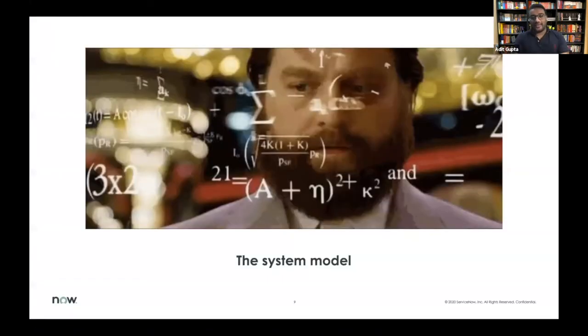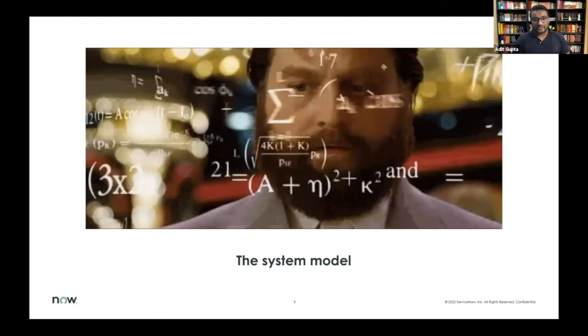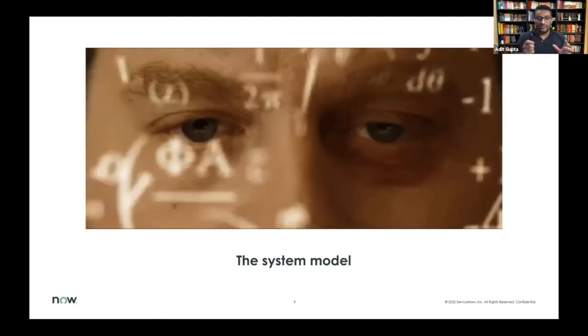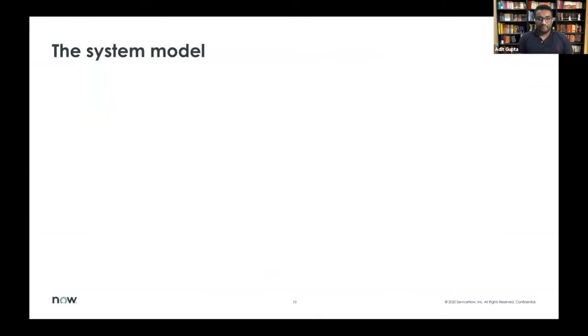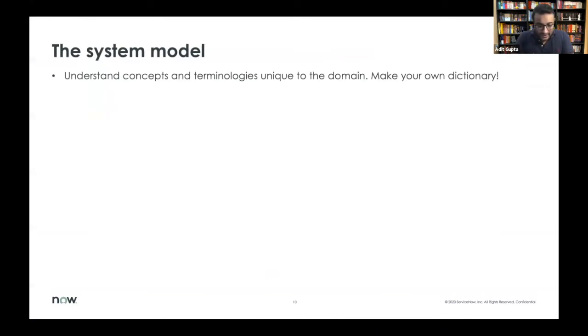So the first thing is dealing with the system model. We have talked a bit about how there are different systems interacting with each other. So let's see, how do we understand this system model? As soon as you start working in an enterprise space, you will see that there are lots of concepts, lots of terminologies, lots of abbreviations, which are pretty much unique to the domain.